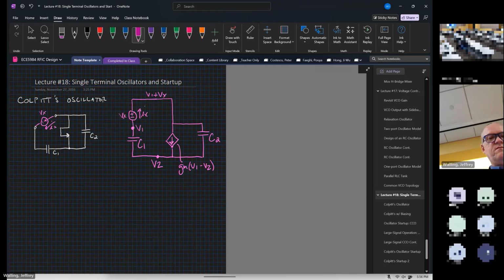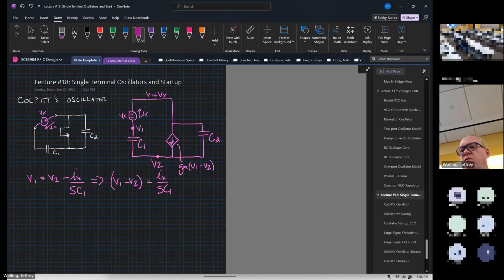All right, so we can write a KCL expression. I should say a KVL expression, sorry. V1 is equal to V2 minus Ix over s times C1. Or we can say that V1 minus V2 is equal to Ix over s times C1.